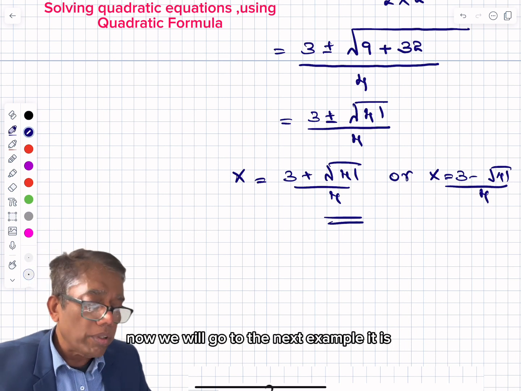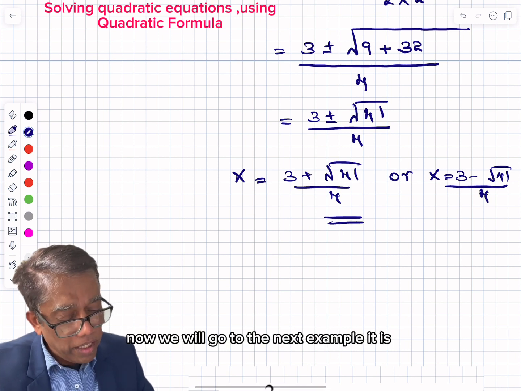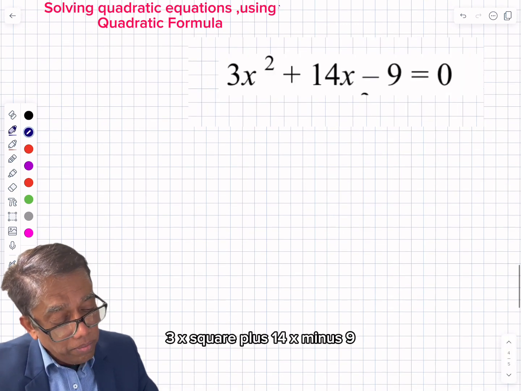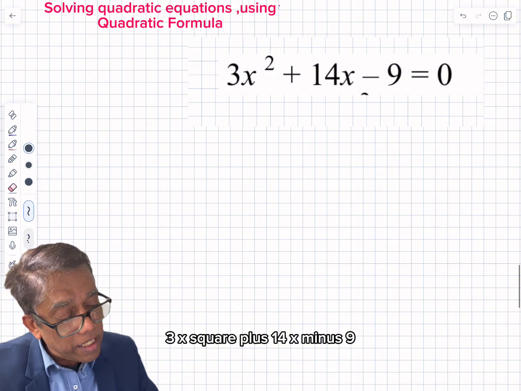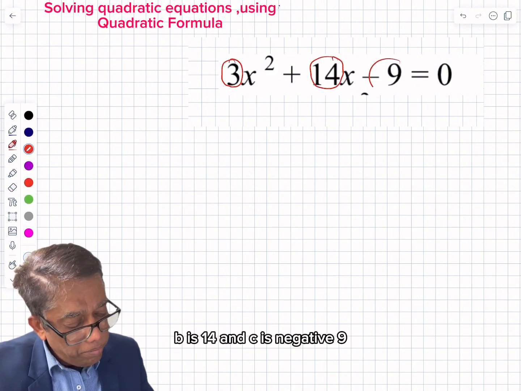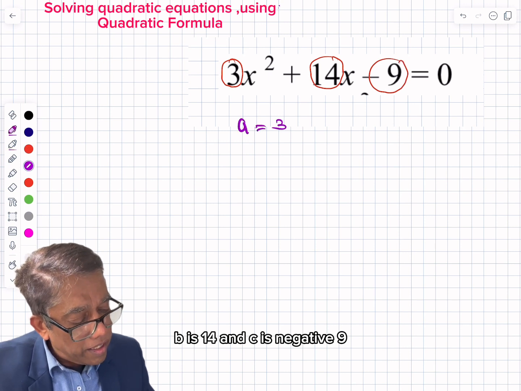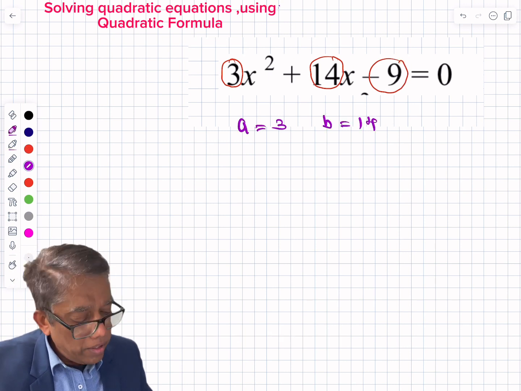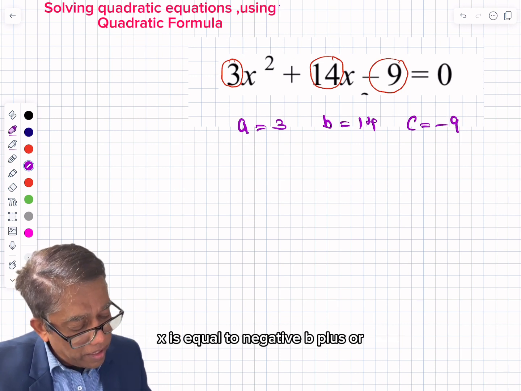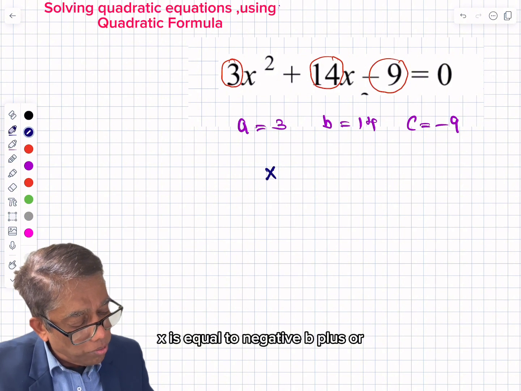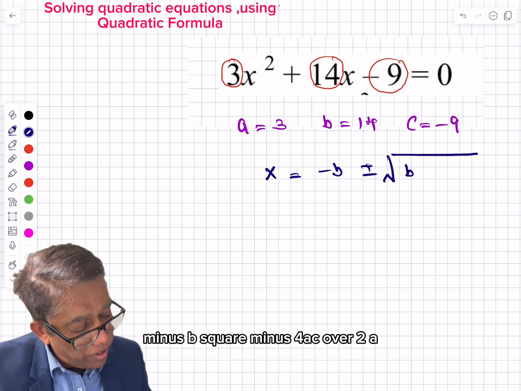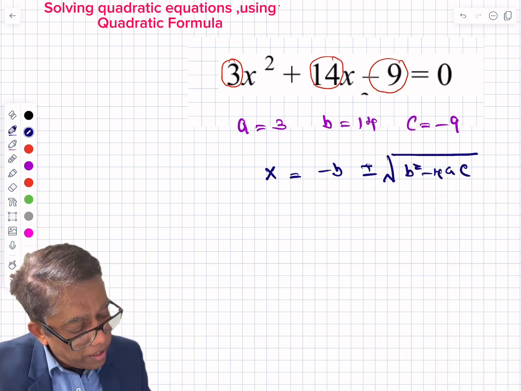Okay, now we will go to the next example. It is 3x² + 14x - 9. Then what are the values? a is 3, b is 14 and c is -9. Now the quadratic formula can be written as x = (-b ± √(b² - 4ac)) / 2a.